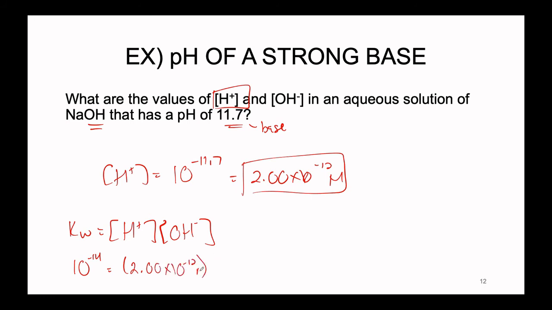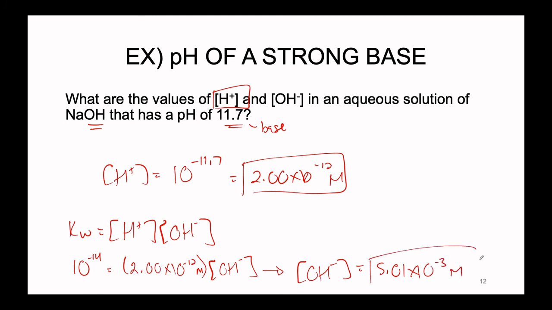We're going to multiply this by our unknown concentration of OH-. Now, if we rearrange and solve for the concentration of our OH-, this gives us a value equal to 5.01 times 10 to the negative 3 molar.